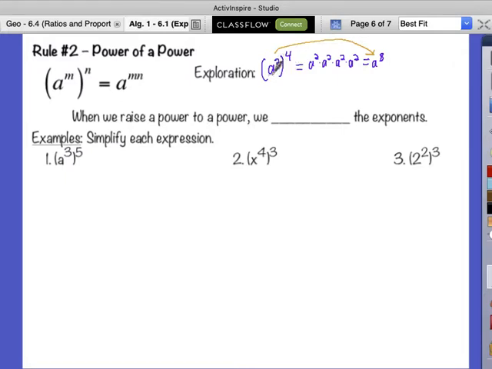So when we have an exponent being raised to another exponent, we multiply the exponents and keep the base. So when we raise a power to a power, we multiply the exponents.